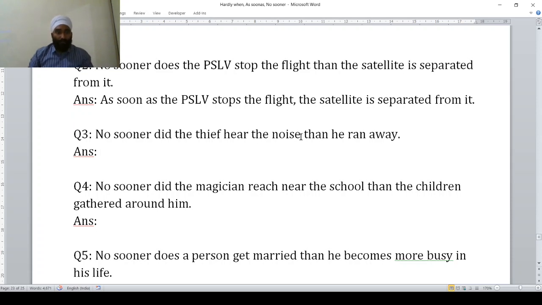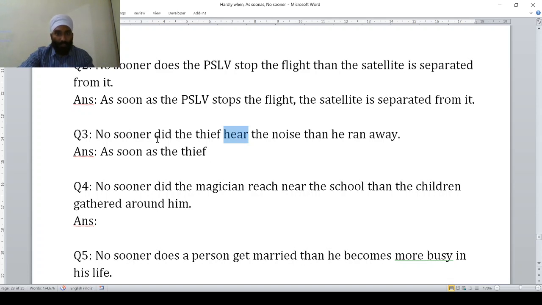In the same way, for the third sentence, again the sentence is in simple past. How can we understand? From this helping verb we can understand this is simple past. Use as soon as, thereafter the subject, the thief. Now here is the main verb.